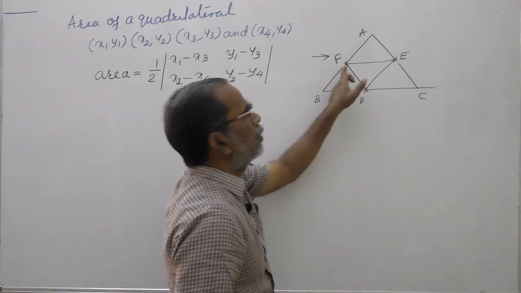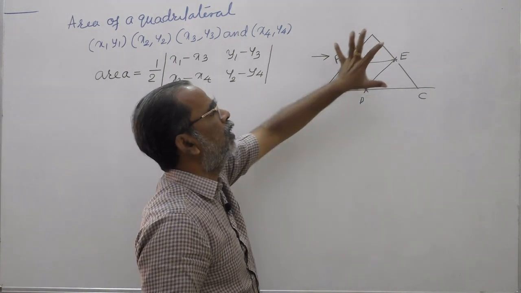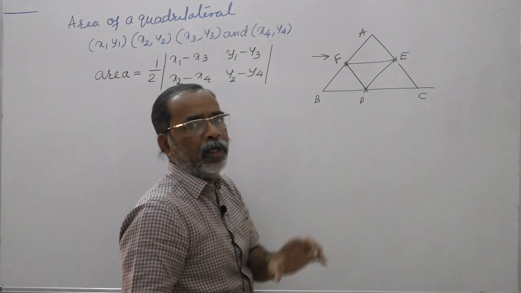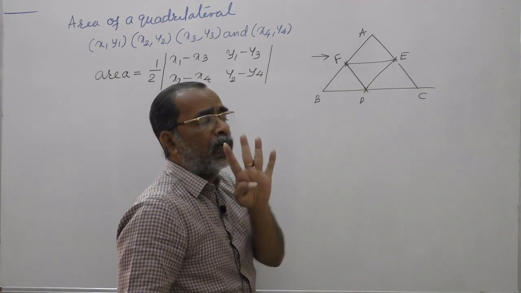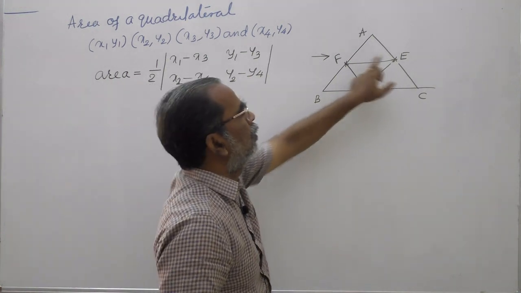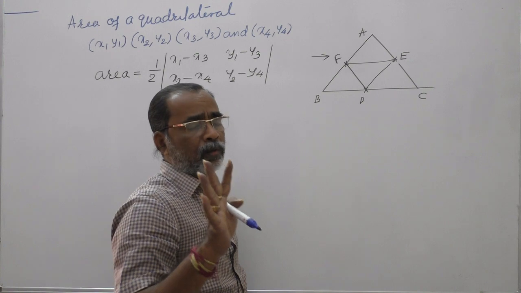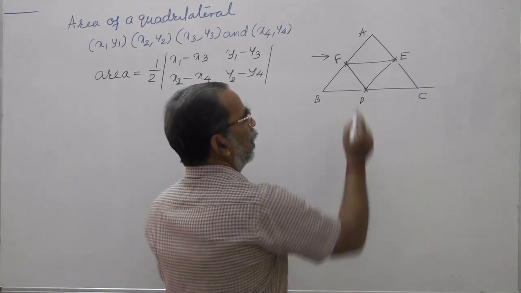Then these three midpoints of the three sides will be dividing the triangle ABC into 4 triangles of equal area.